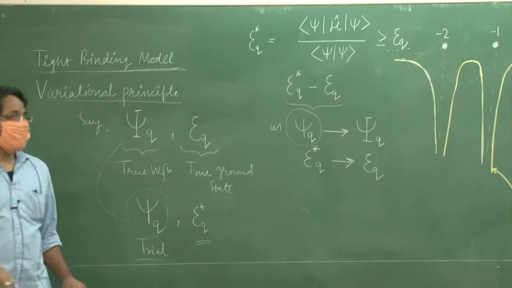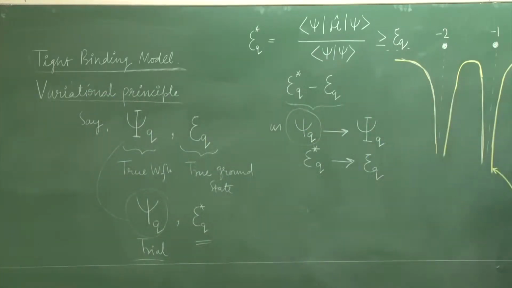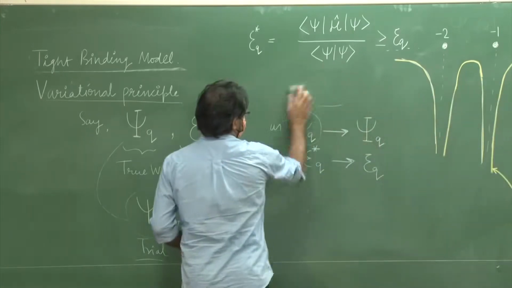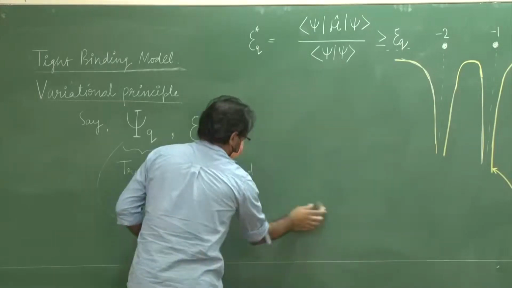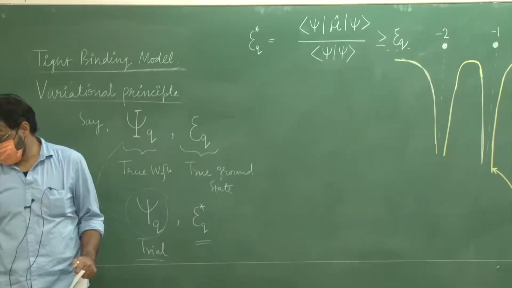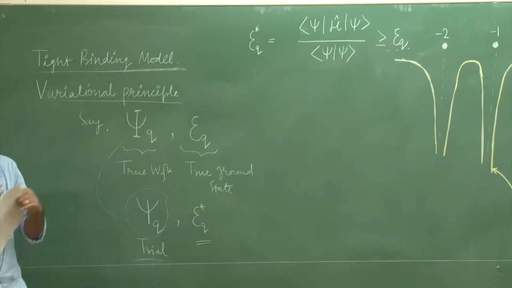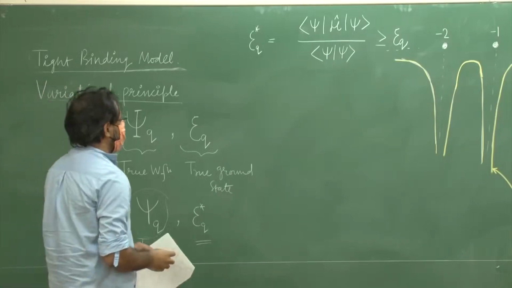Now the choice of psi q is dictated by the physical picture, the physics, right? You want to choose your wave function such that it obeys the physics of your system, or conforms to the physical reality. Now, what's the physical reality here?